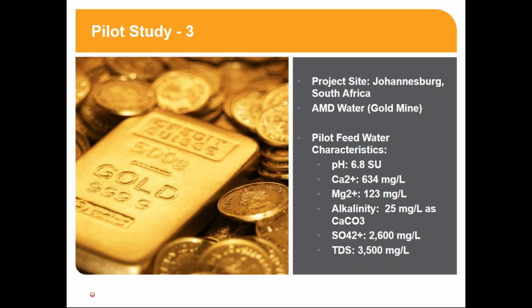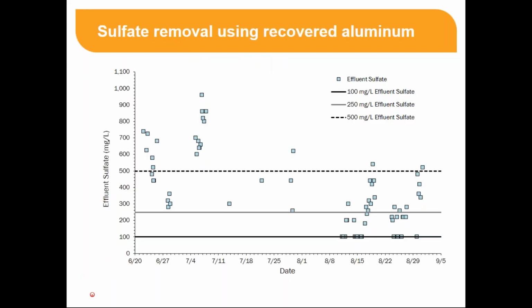So we ran the first stage desaturation process, and we ran the second stage advanced ettringite process and regeneration process. For the sulfate removal with reused gibbsite, where we recovered aluminum, we were able to reduce sulfates down to 500 milligram per liter. We ran this pilot for almost 3 months. During the early stages, we had high sulfates coming out, mainly because we had a very low calcium to sulfate ratio and also aluminum to sulfate ratio, which I'm going to talk about in the next slide.